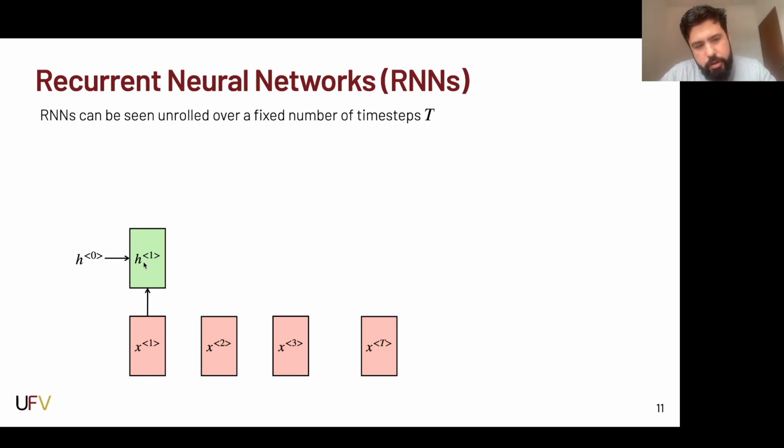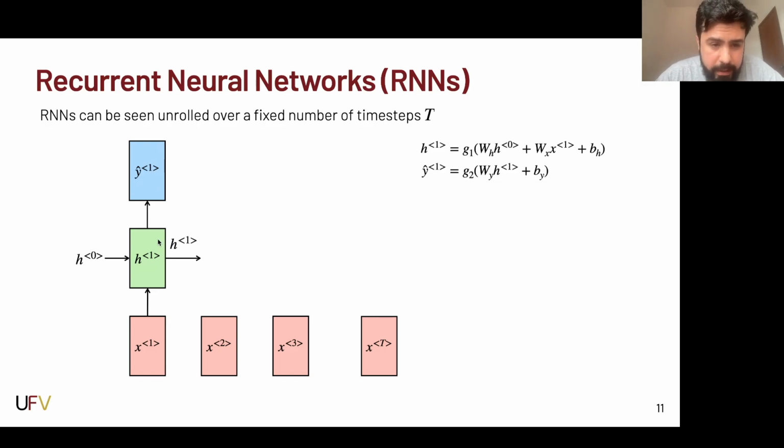And that dimension is going to be carried over the whole network. So if you started h0 with 10 dimensions, all your updated versions of h would also have 10 dimensions. We're going to produce an output y hat 1 and also update h1. This arrow is sending h1 to the next time step.